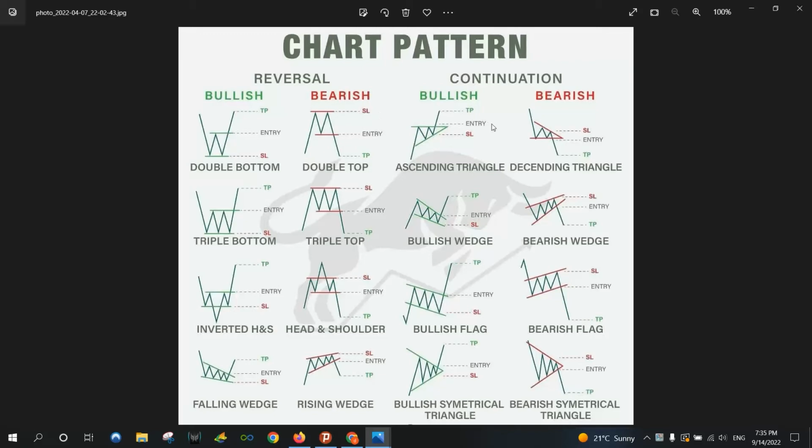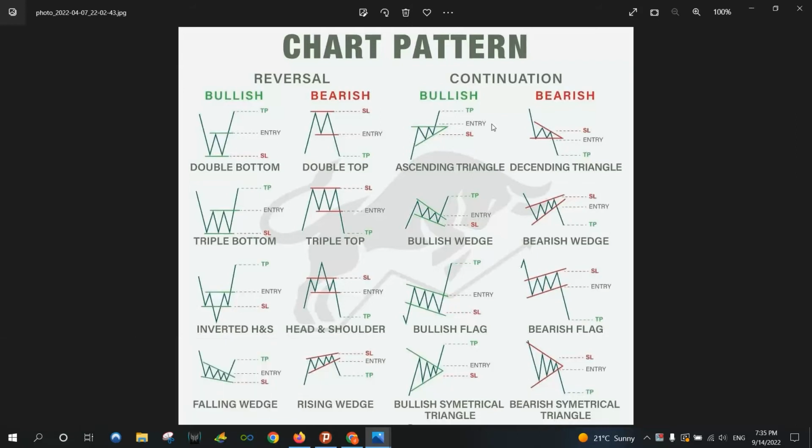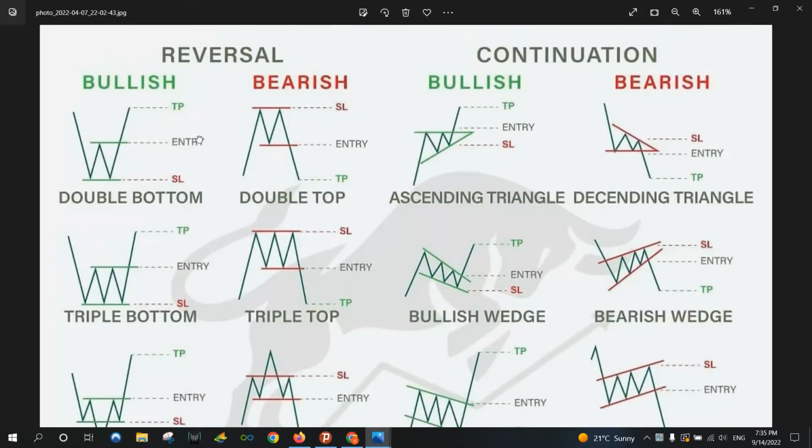The next one is the continuation patterns, which means you are already in an uptrend, you will see a continuation pattern and you expect the uptrend to continue, or you are in a downtrend and you will encounter a continuation pattern, and you will expect it to continue to the downside. So we will talk about them one by one.